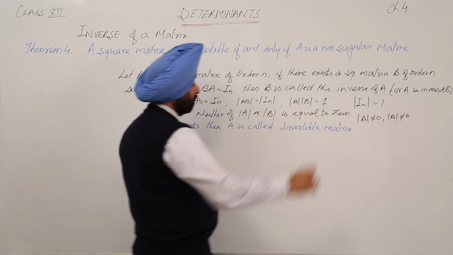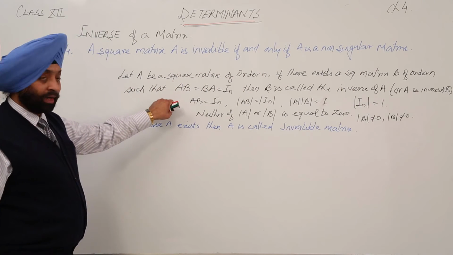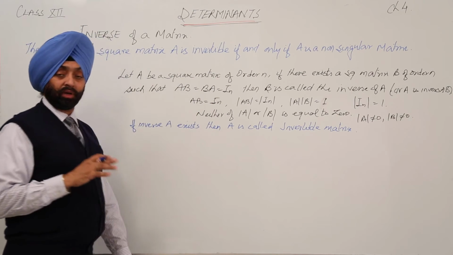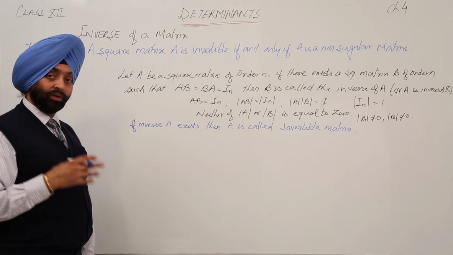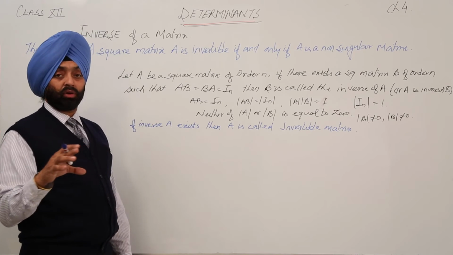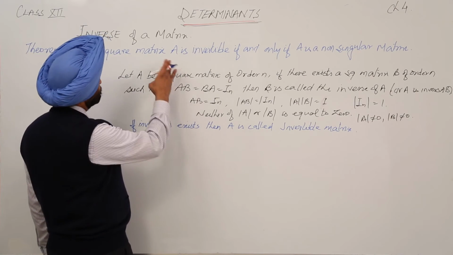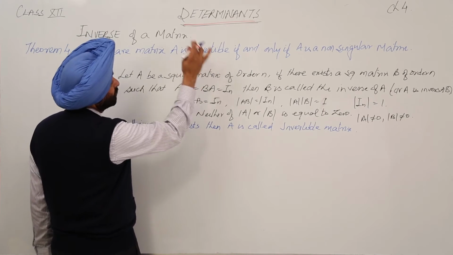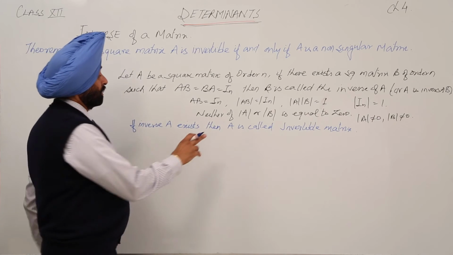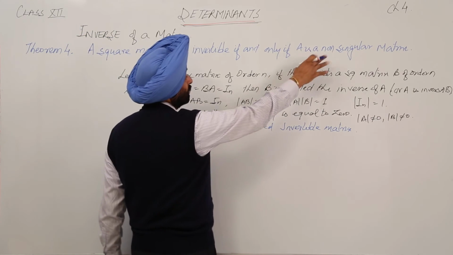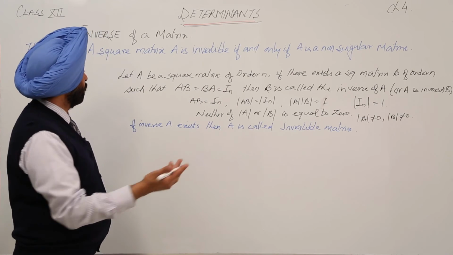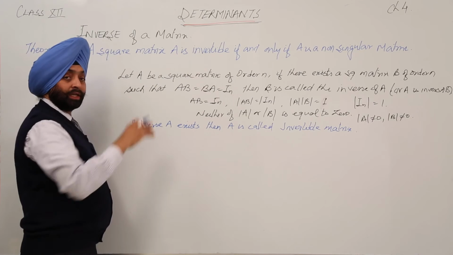One condition was that AB is equal to BA is equal to I, the identity matrix, then inverse can exist. The second condition is if inverse of A exists, then A is called the invertible matrix. And here is the term written: a square matrix A is invertible if and only if A is non-singular. So I have proved that determinant of A is non-zero. Non-singular means determinant is not equal to 0, and it is a square matrix, so A is invertible.